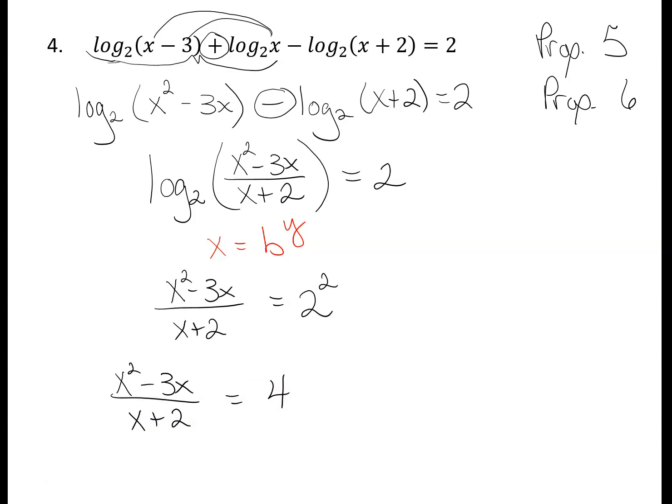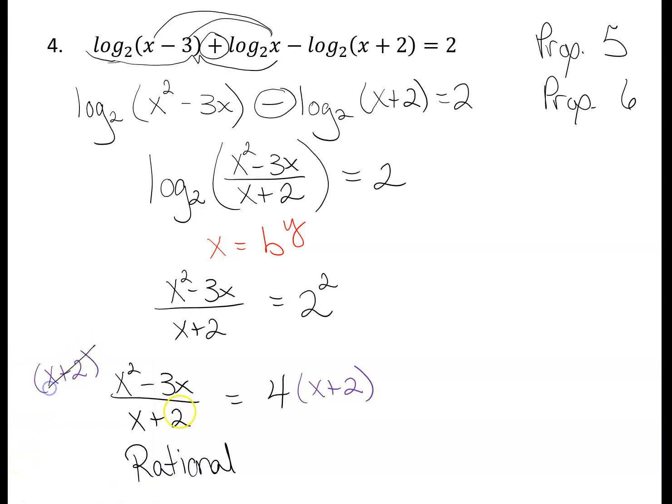Now we need to solve this equation. This is a rational equation because it has a fraction with a variable in the denominator. And the way we solve those is to clear out the fraction by multiplying by the LCD. And so x plus 2 is our only denominator. That's what we're going to multiply by.